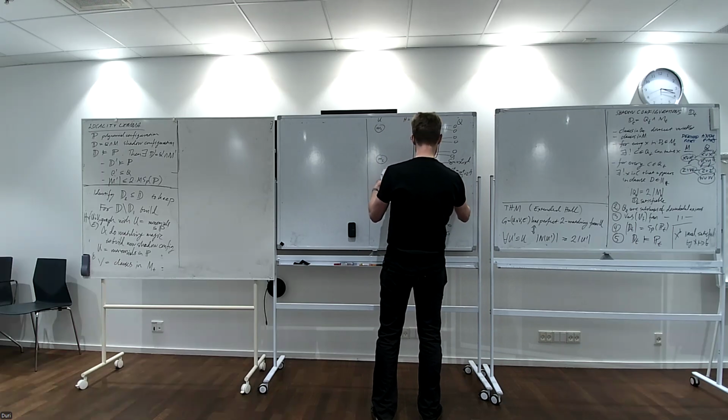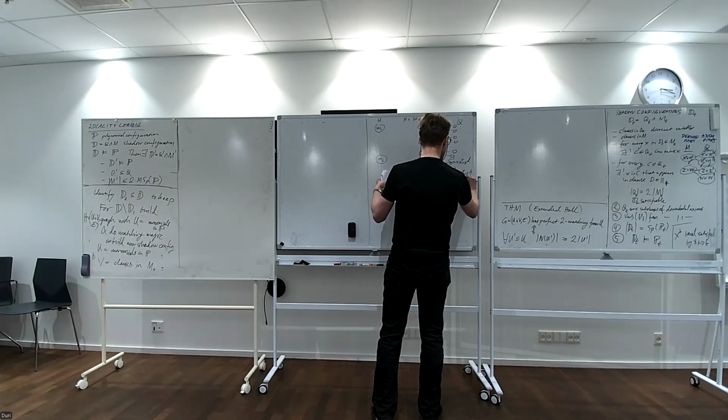I should be consistent and give them names. D prime and D double prime. It's Y or Y prime, say. Here we have W or W prime.